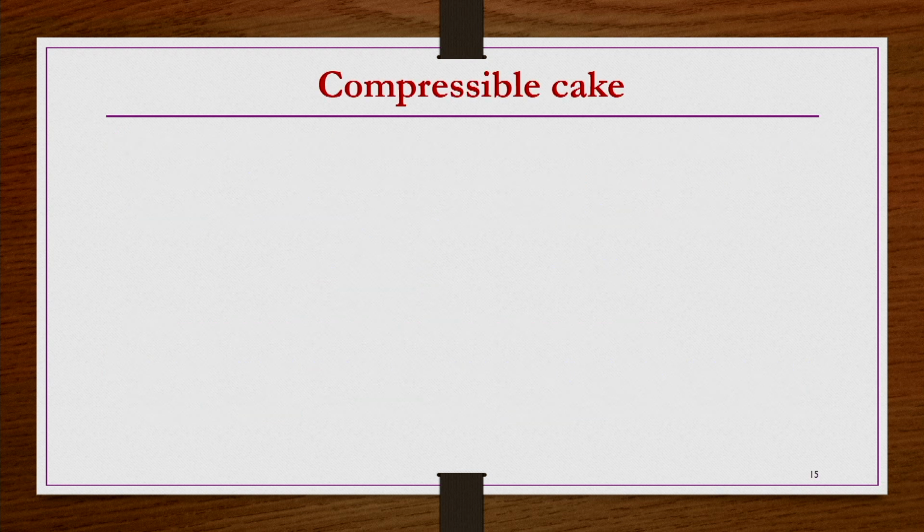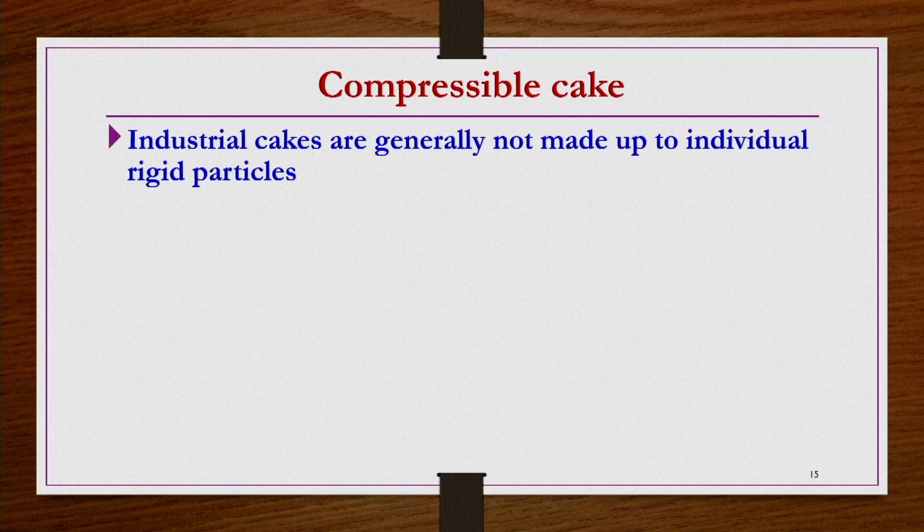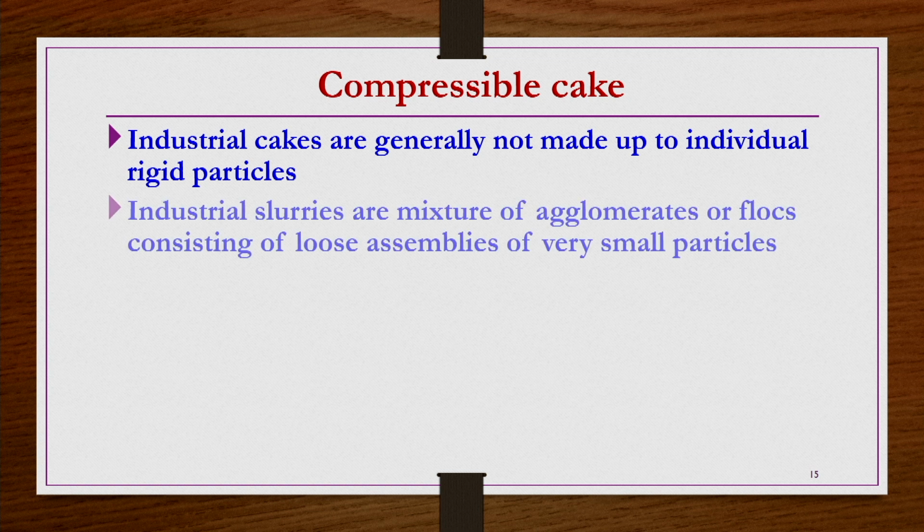Now, we take the case of compressible cakes. In general, the cake resistance is a function of delta P, because as filtration time gradually increases, the cake thickness increases and then the pressure drop increases, right. So, industrial cakes are generally not made up of individual rigid particles, as we have taken in the previous case, where we assumed all particles are of the same size, as in packed or fixed bed cases.